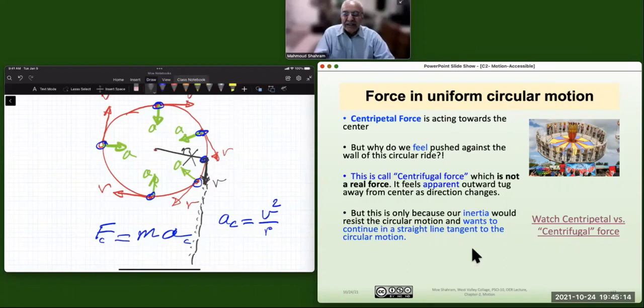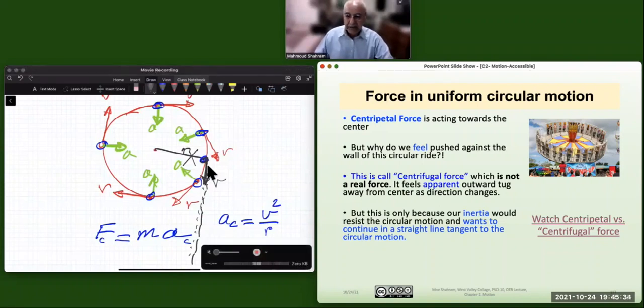It's what we feel, but it's really not. When you feel in the bus, you feel forward as if somebody pushes you forward. Nobody's pushing you. It's just that your inertia wants to continue, go straight. Here, same thing.